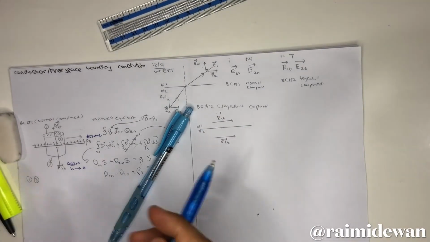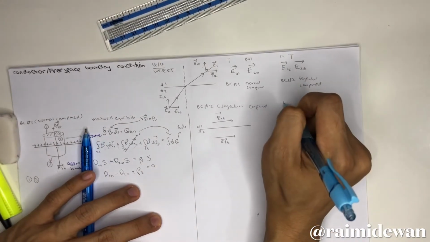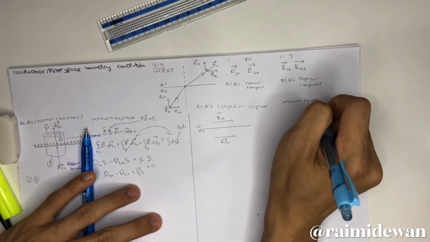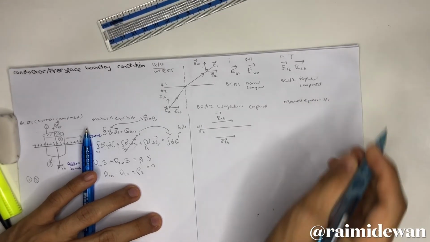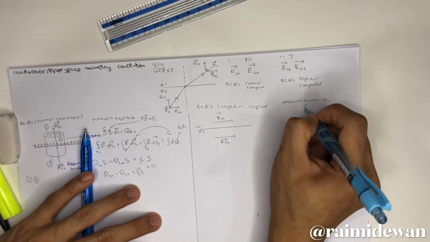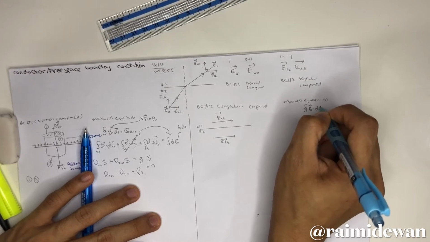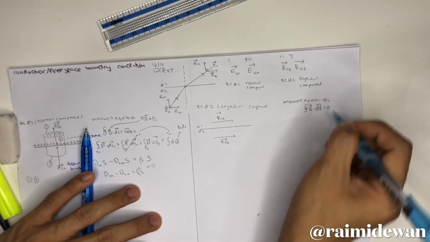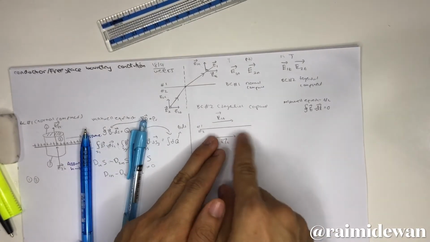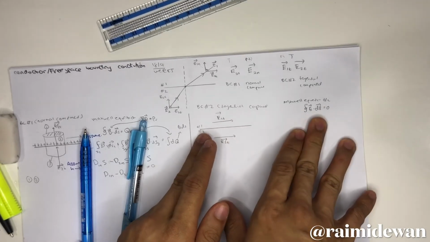You guys can look at Maxwell equation number 2. What Maxwell equation number 2 says is that the closed integral of E along dl has a value of 0. So now we try to solve this situation of tangential component using this equation.